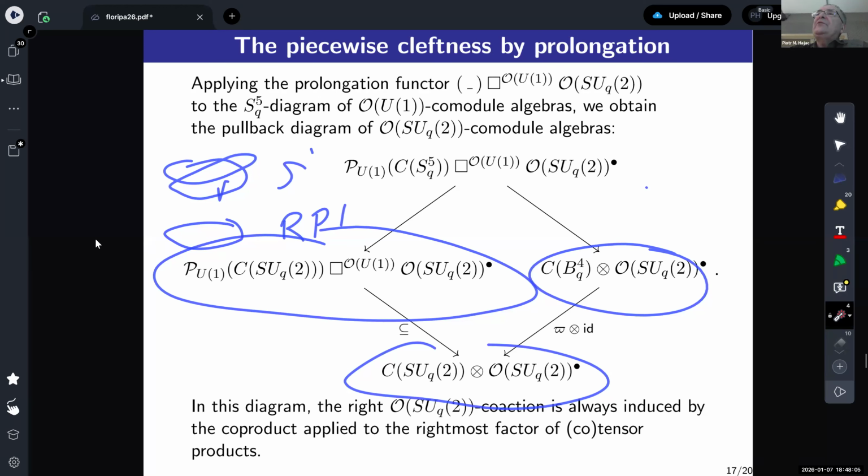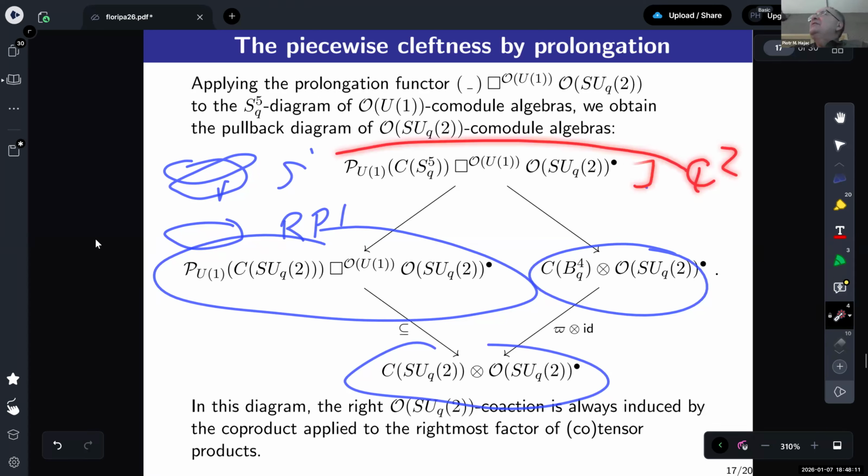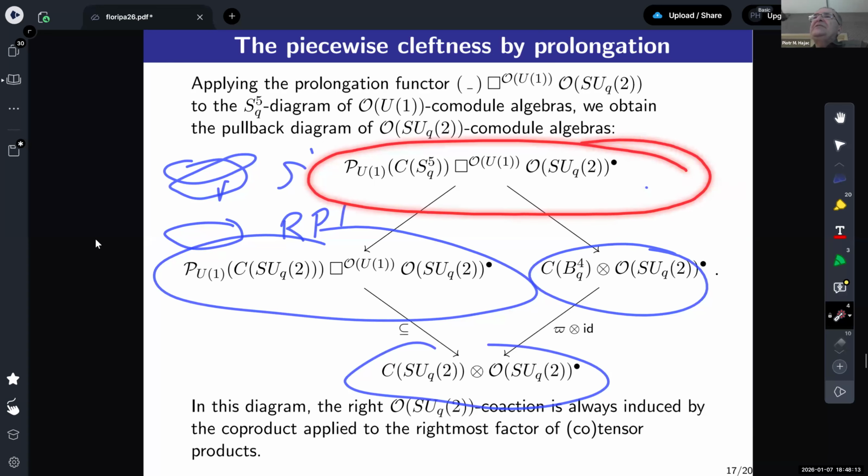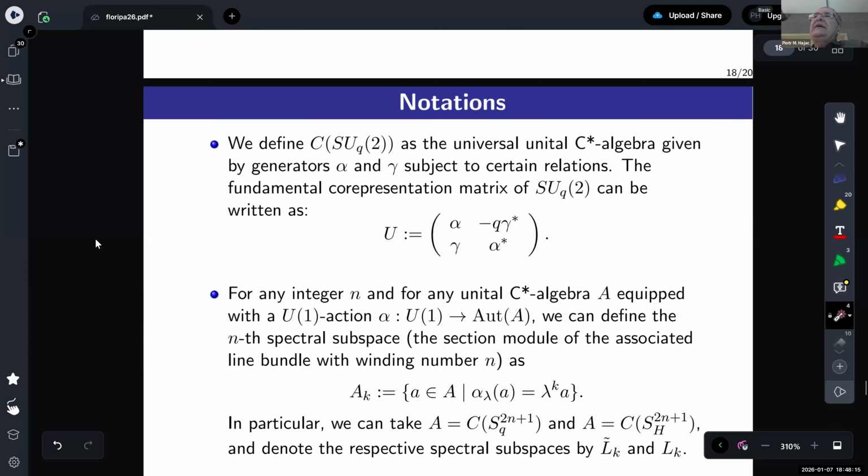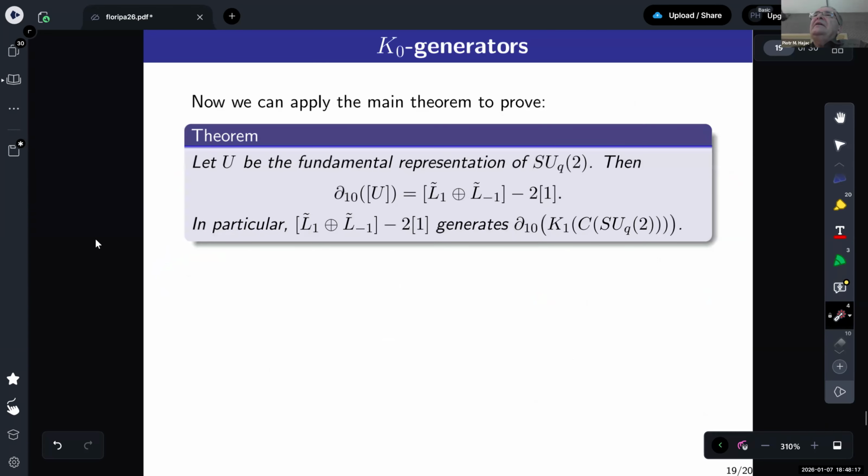I do this cotensor product here with C2, given by this fundamental representation, and I compute this. This is an immediate computation, which tells me that what I get is simply L_1 tilde plus L_{-1} tilde, the tautological and anti-tautological line bundles associated with the Vaksman-Soibelman quantum sphere. This is what comes out when I calculate the associated module.